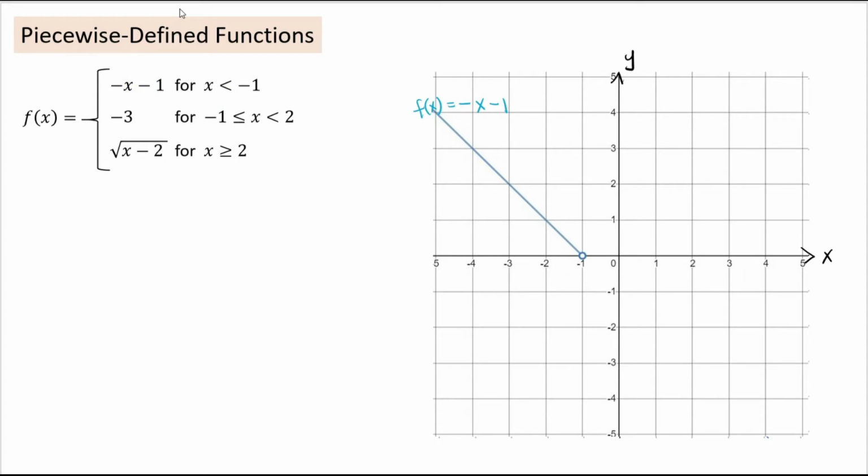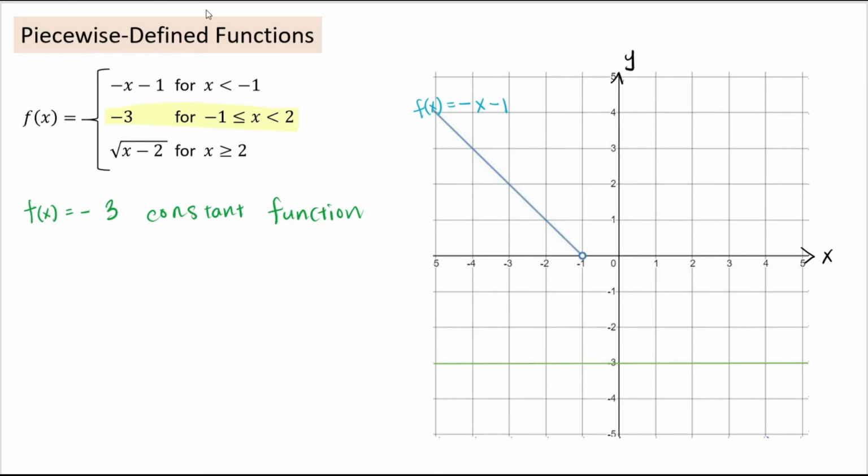Next, let's graph f of x is equal to negative 3 for x is greater than or equal to negative 1 and x is less than 2. This is a constant function, so y is equal to negative 3.